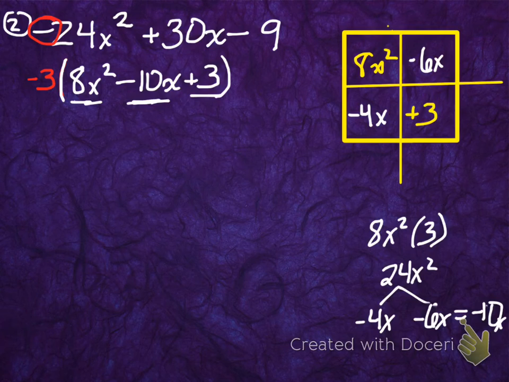So my first row, the number that can divide into both of those is a 2, and there's an x in both, so I write 2x. My second row, the number that can divide into both of those is a 1, and the farthest away is negative.